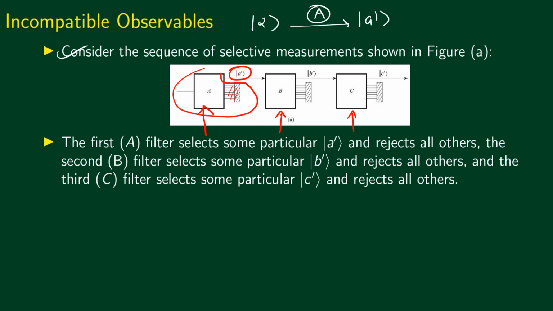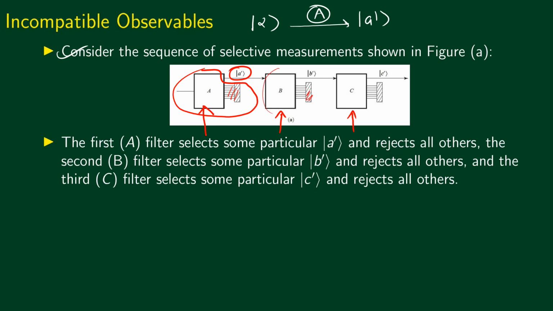This arrangement is called an A filter. I think we have already discussed this term filter. The second measurement device takes in electrons characterized by the state ket A prime, and we know that a measurement of B will change it into one of the eigenkets of B. We'll choose only one particular eigenket and block the others.